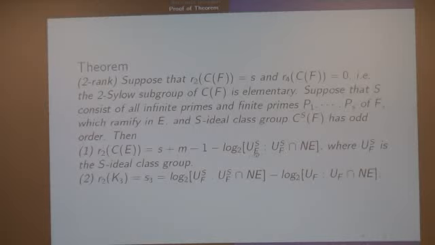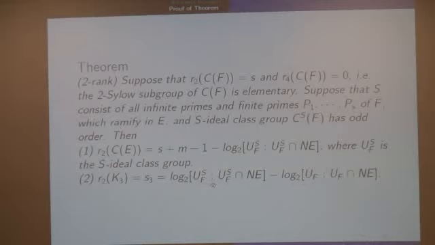CFS is the S unit group. Sorry, it is the unit group, the S unit group. UFS injects into NE, this formula. Also, we can compute S3 equals to log 2 of UFS, UFS injecting into CE, this minus this formula.